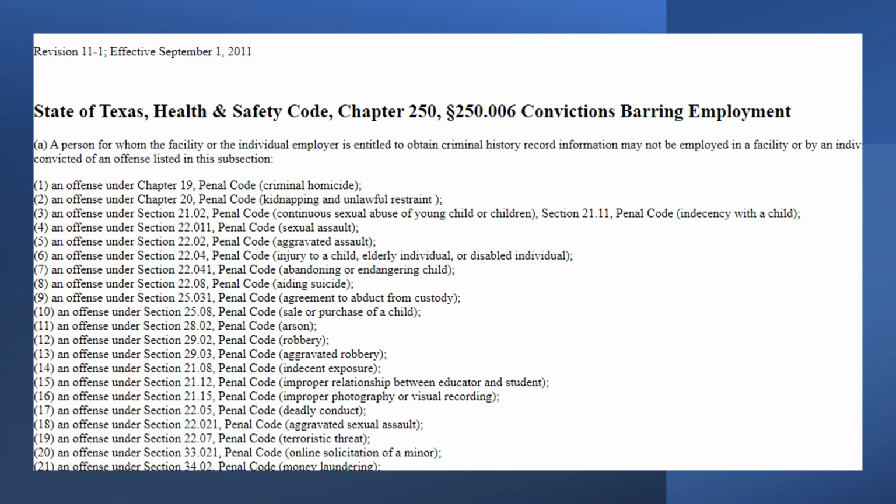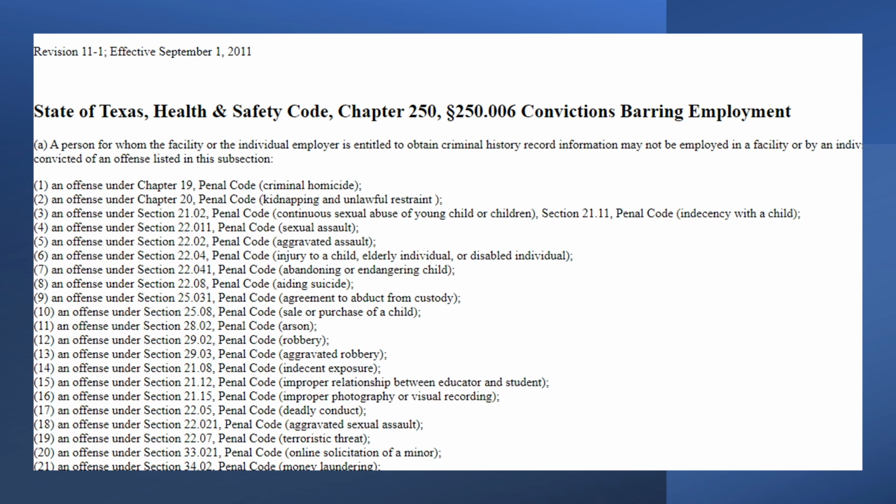So I went over to the Texas Health and Safety Code and pulled little snippets of convictions barring employment, and I just wanted to go over that with you all. A person for whom the facility or the individual employer is entitled to obtain criminal history record information may not be employed in a facility or by an individual convicted of an offense listed in this subsection. So these are all of the convictions.